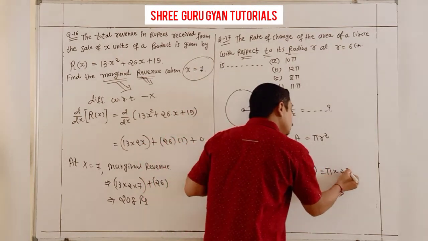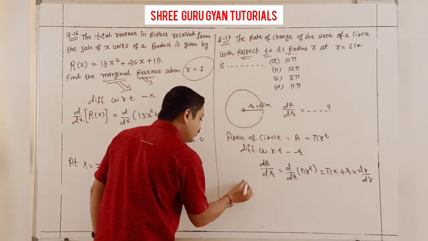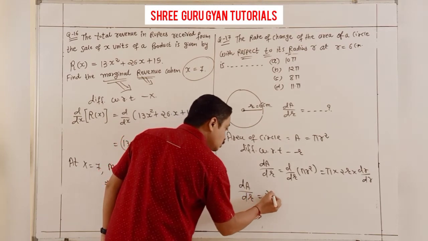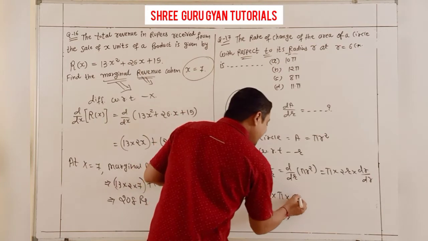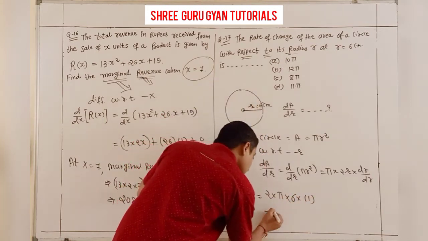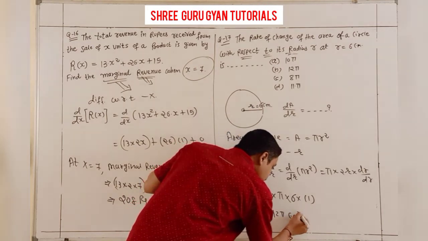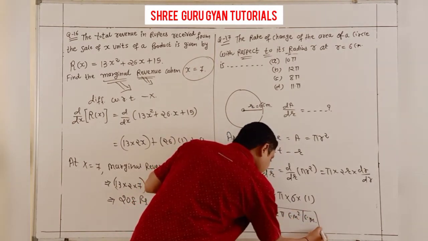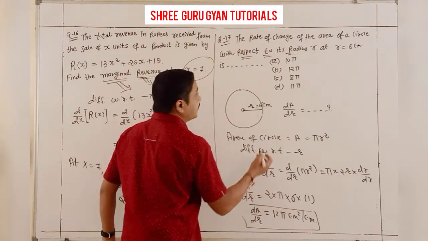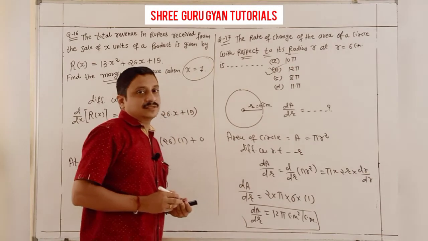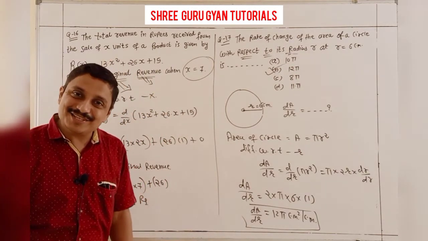Pi into 2r into dr by dr. So finally, dA by dr is 2 into pi into r, which is 6, and dr by dr is 1. So 12 pi. The unit must be written as centimeter square per centimeter, and that's your final answer, which is 12 pi. It's a very easy sum. Now we are going to question number 18, an MCQ.